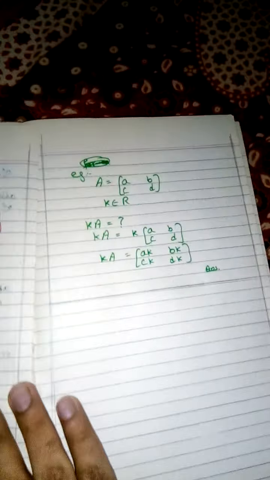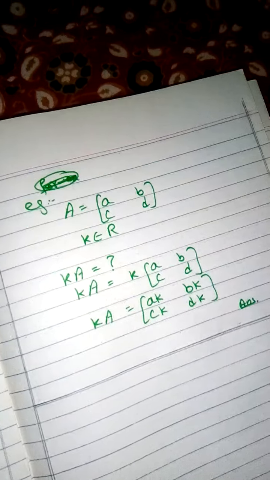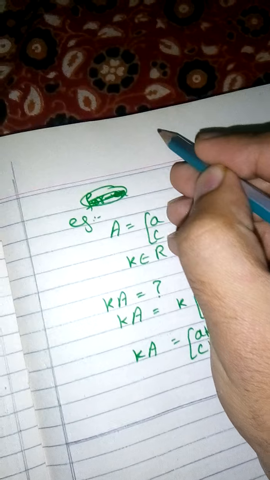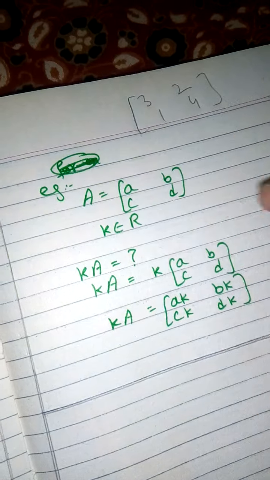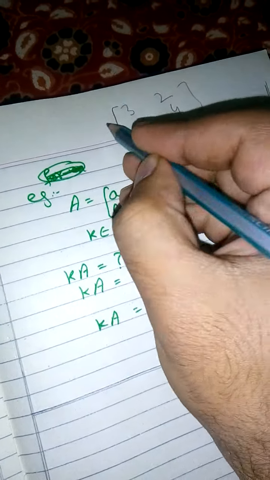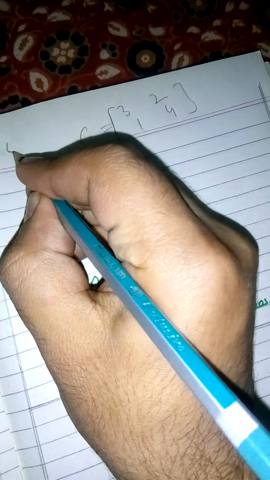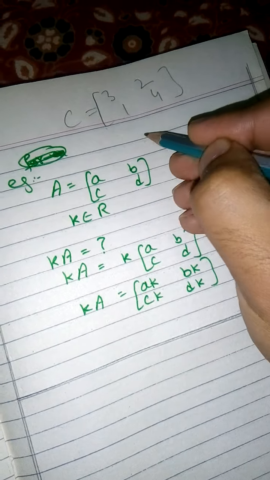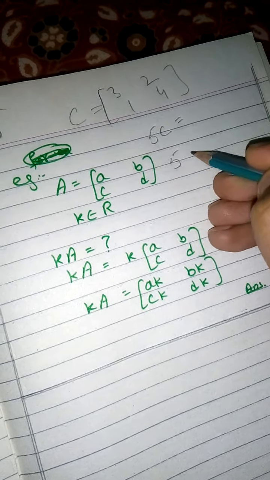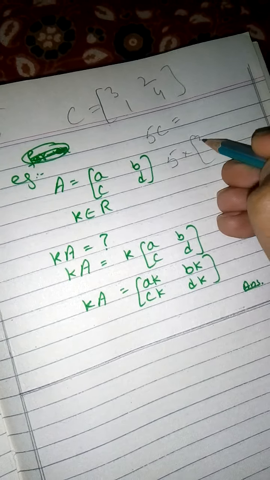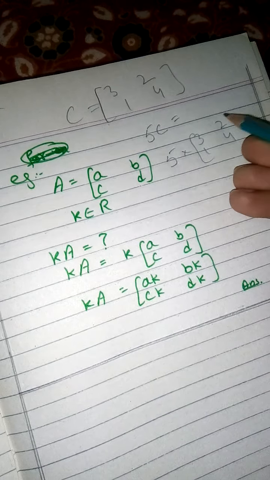For example, one live example. You have a matrix 3, 2, 1, 4, and you have to multiply this matrix with 5. What will you do? 5C is equal to 5 multiplied by the matrix 3, 2, 1, 4.